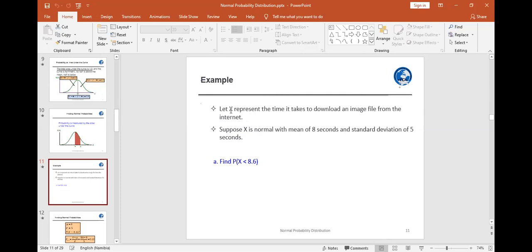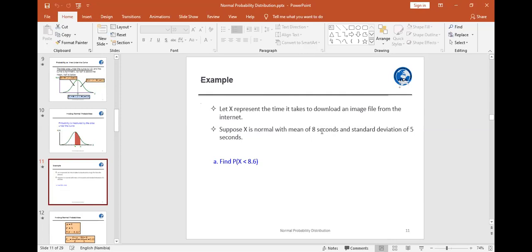Okay, so which means sometimes it can take 10 minutes, sometimes 7, 8, whatever. So it's a random number. So you expect to get any number. Now previous information tells us that normally it takes 8 seconds.